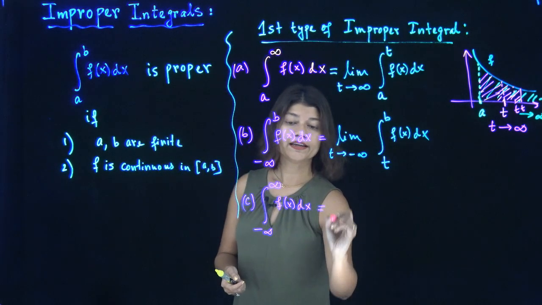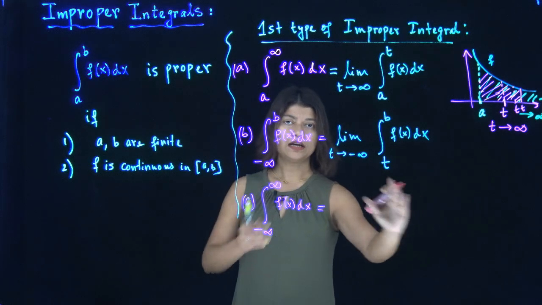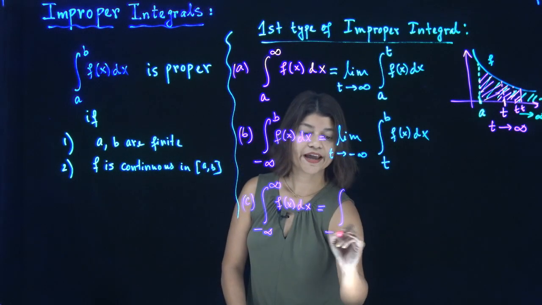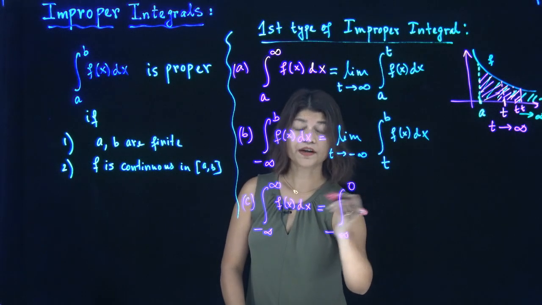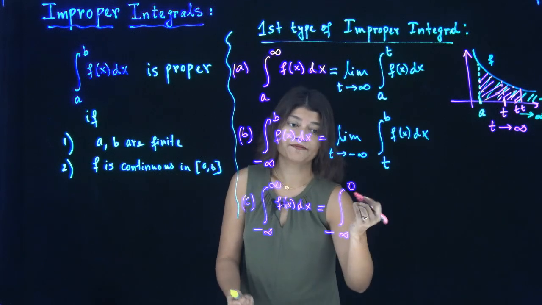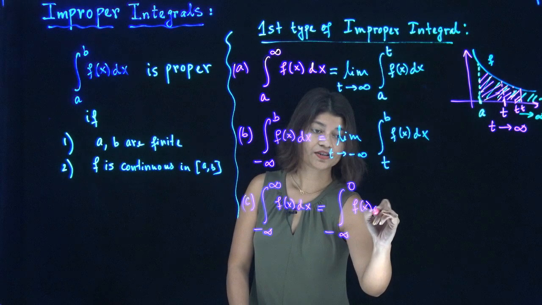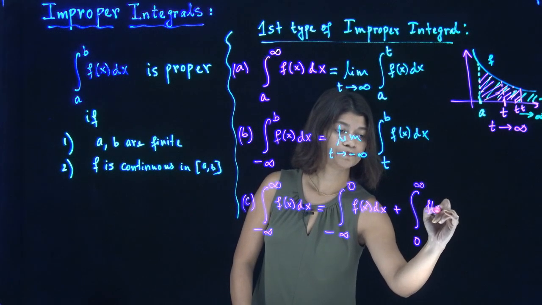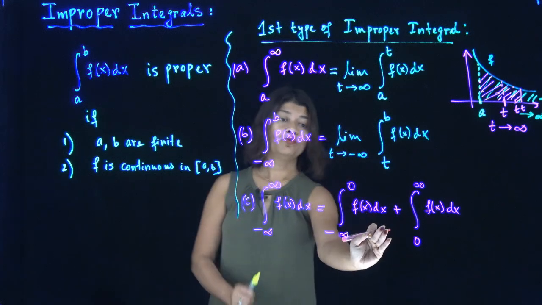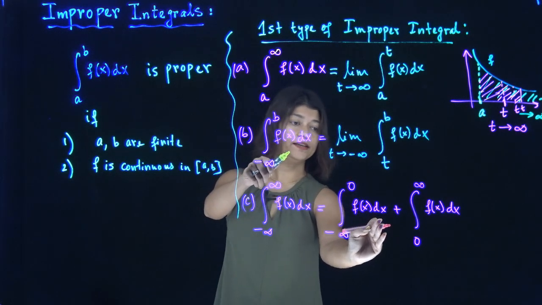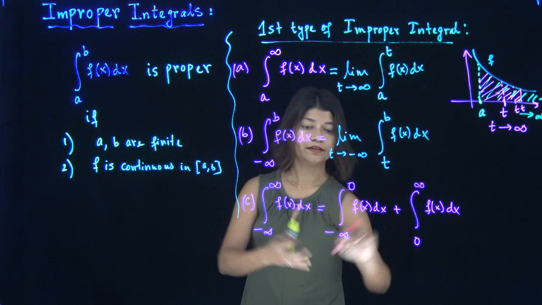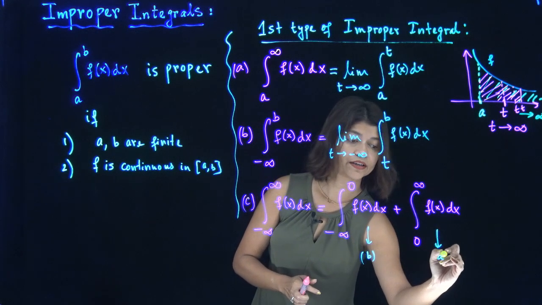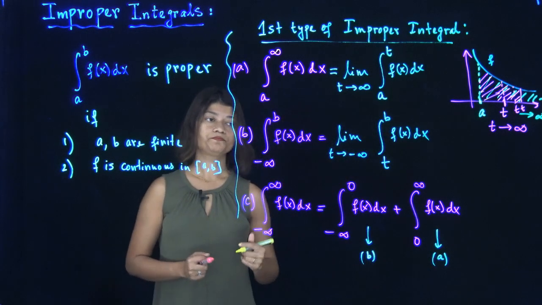What we do then is we don't do two limits in one integral, we split it up. We do negative infinity to, let's say, 0, any real number between them, plus 0 to infinity. So this one you solve like part b, and this one you solve like part a, with the same definition.